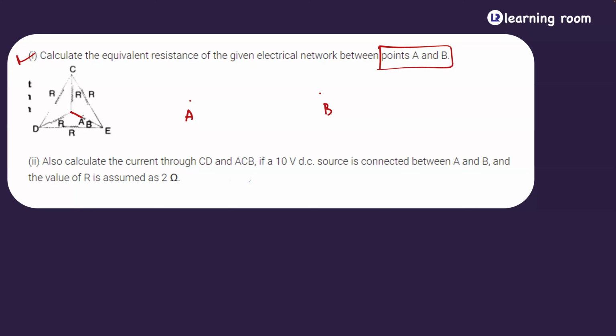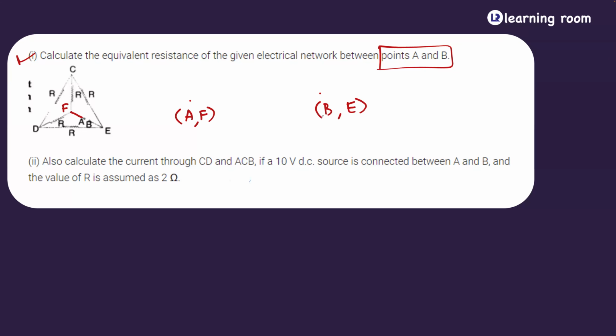Let's take it as a wire as well. C, D, E. Let me take this as F. So if it is a wire, then A and F are said to be at the same potential. Similarly, B and E are at the same potential.